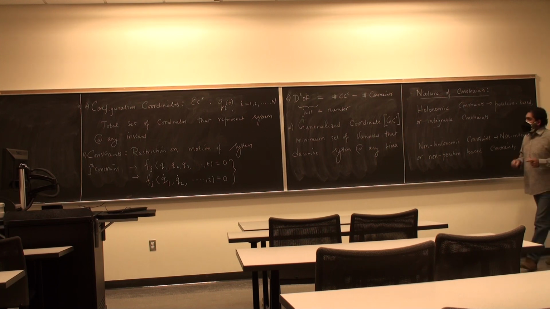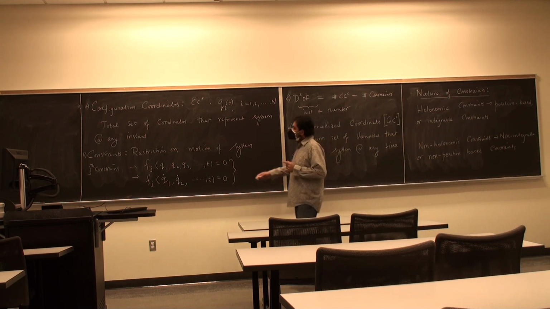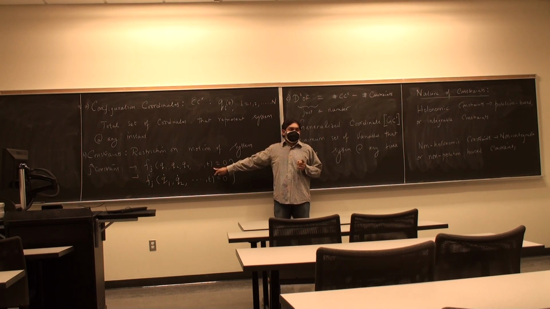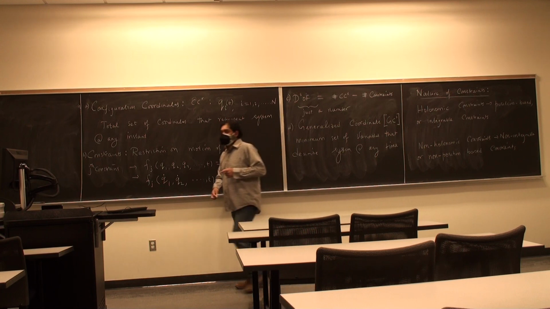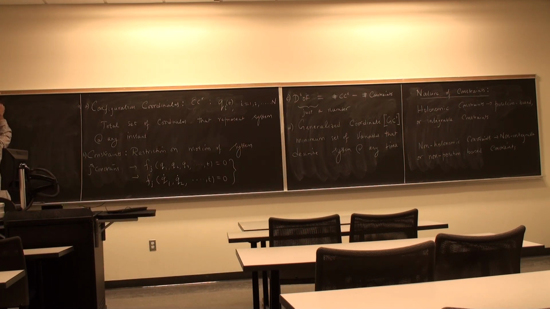Any constraint that can be expressed in the first form that you see here, written as f of u1, u2, u3 equal to zero, is a holonomic constraint.